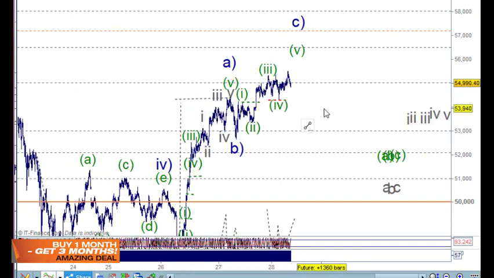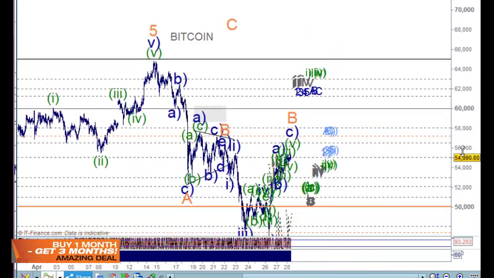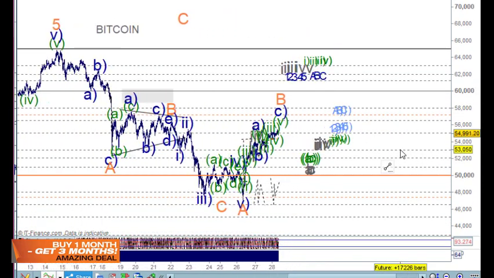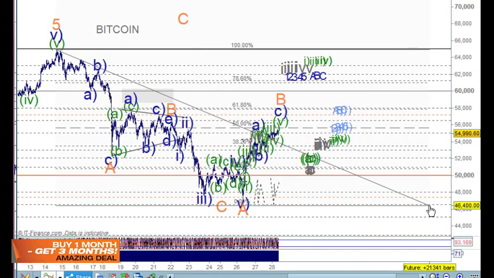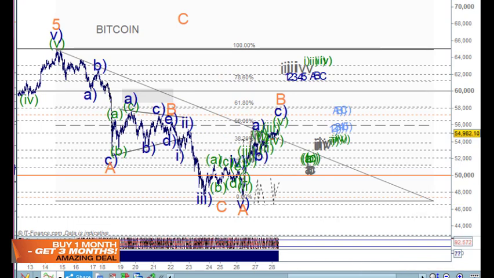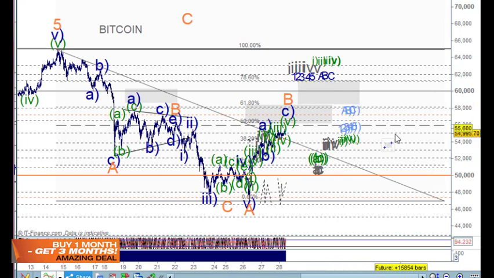But for a moment, let's grab the top and the bottom of this. From this top roughly down to here somewhere, it leaves us with the 61.8% here. It could move up to the 76 up here as well. We can just put that in there for the moment.